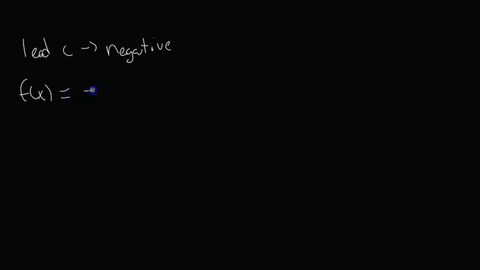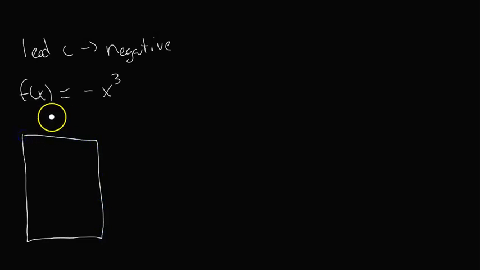On the other hand, when I have an odd function with a leading coefficient that is negative, what happens? So let's see. This is like if we had a function f of x equals -x cubed. If you notice, the only addition is this negative sign. If we look at our table again, but this time I'm not going to do the computations, we can see that if we put the same values, -2, -1, 0, 1, and 2, we have something quite different.